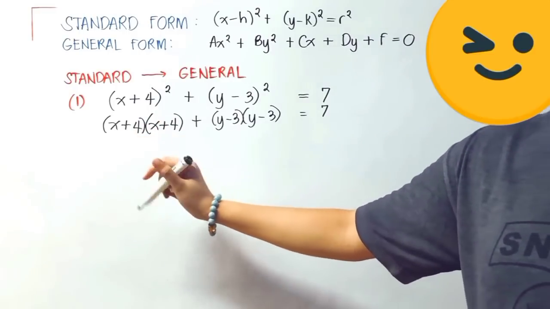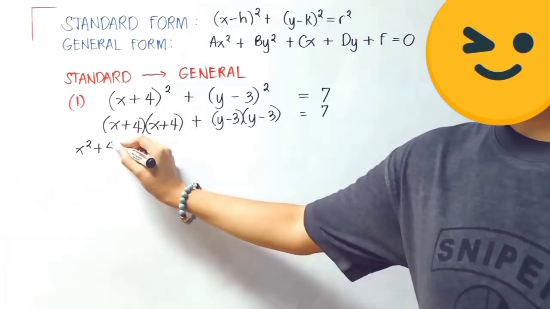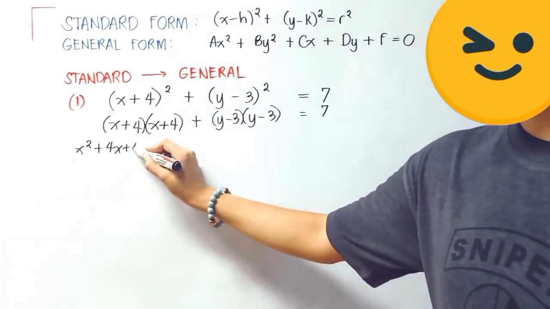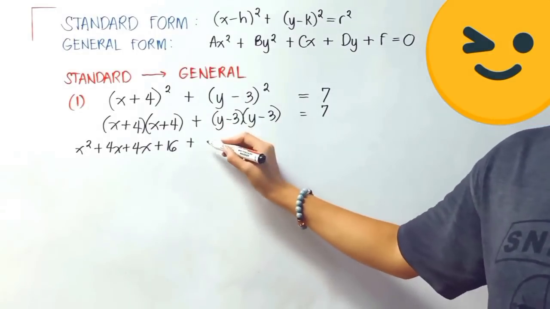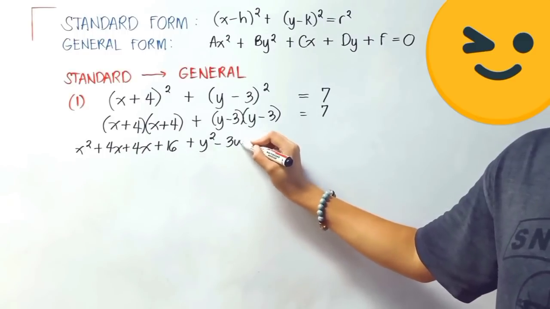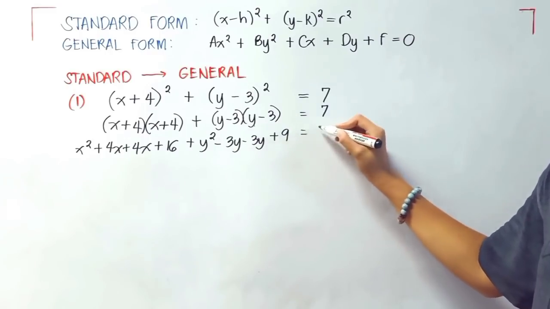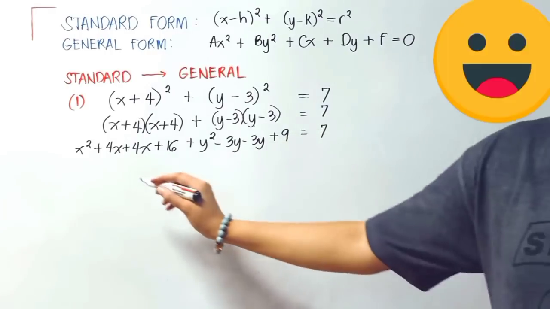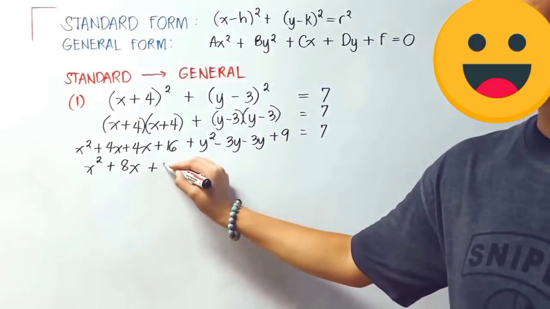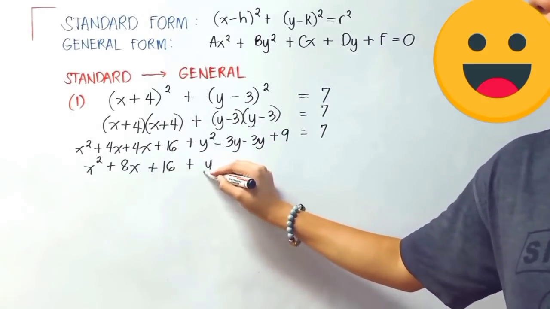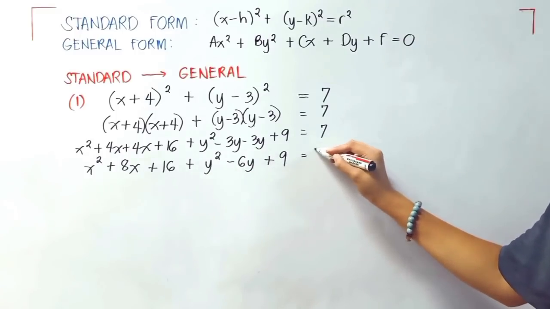Doing the FOIL method, we have here x times x, x squared, plus 4x plus 4x plus 16, plus we have here y squared minus 3y minus 3y plus 9 is equal to 7. Now combining like terms, we have x squared plus 8x plus 16 plus y squared minus 6y plus 9 is equal to 7.